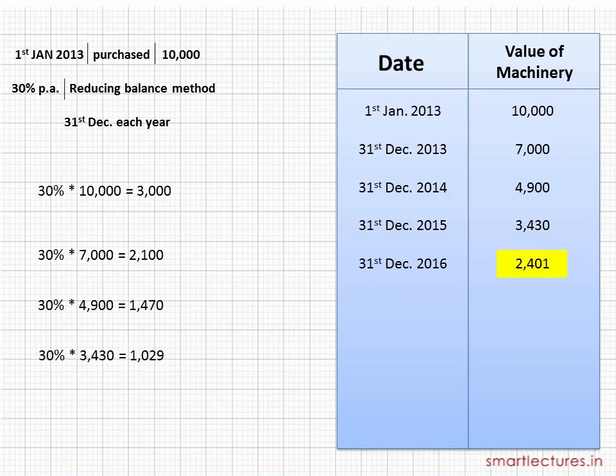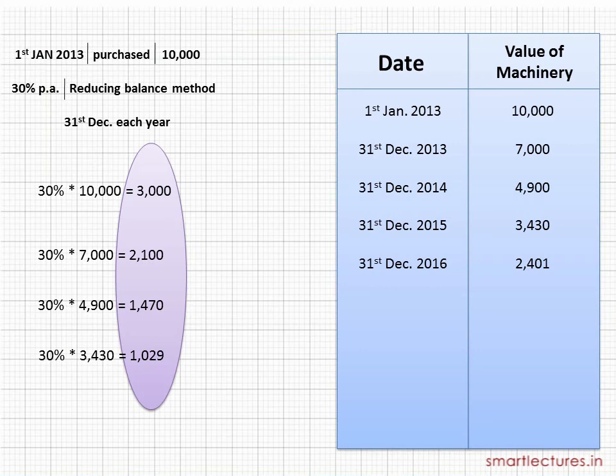So in this way, the net value will be 2,401. So if you notice this table, in the first year, the depreciation was provided 3,000. Then next year it was provided 2,100. Then next year 1,470. Then next year 1,029.